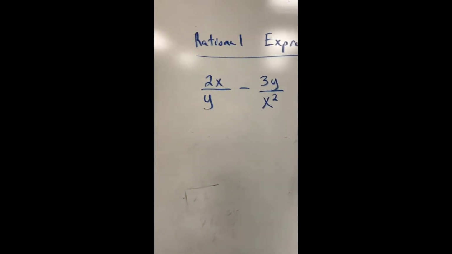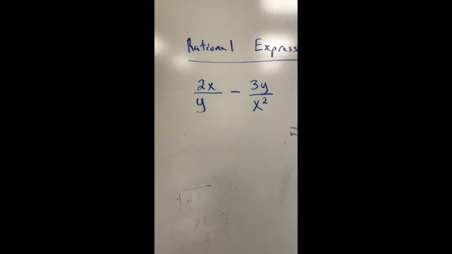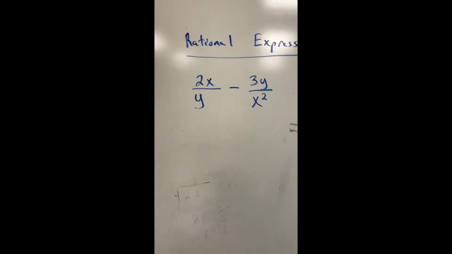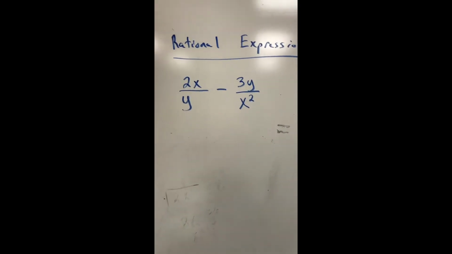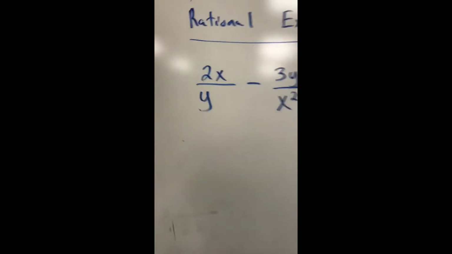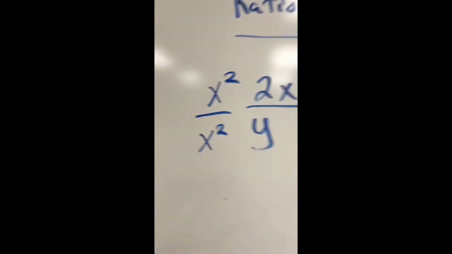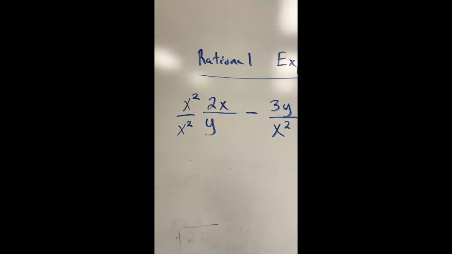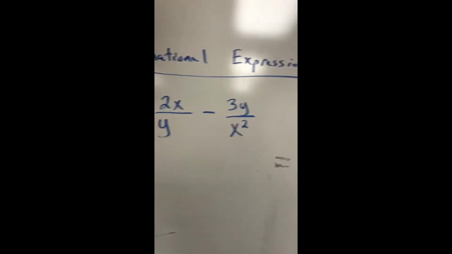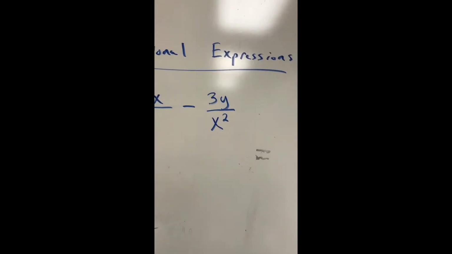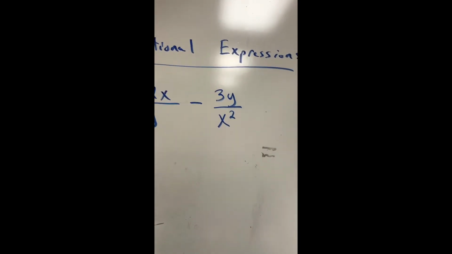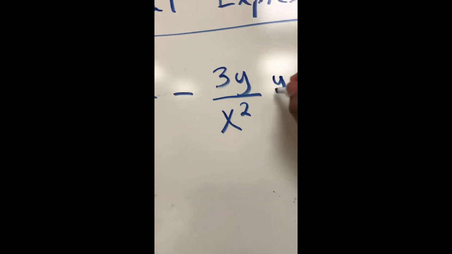So for the first one, we need to make that y become a denominator of yx squared. The way we do that is we are going to multiply both the top and bottom by x squared over x squared. For the second one, we need it to become yx squared again, so we're going to multiply the top and bottom by y over y.